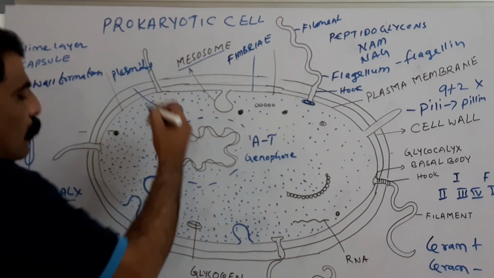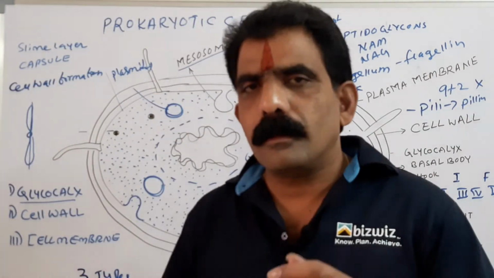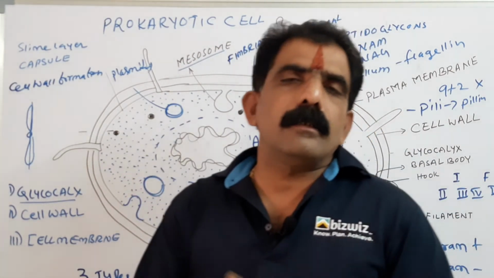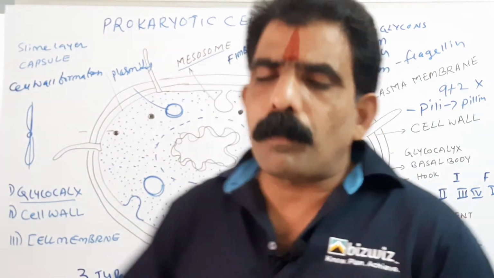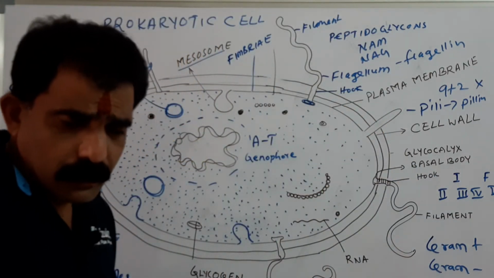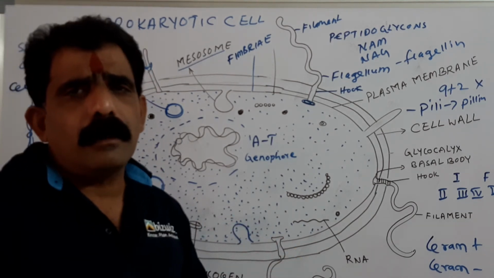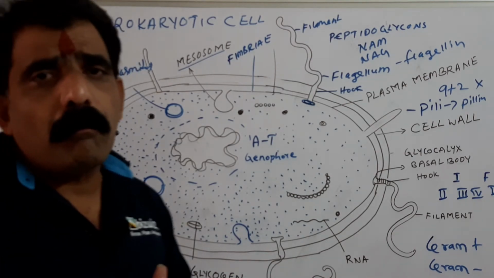Plasmid is the double-stranded, circular, small, extranuclear, additional genetic material present in the cytoplasm of prokaryotic cells. These plasmids, discovered by Lederberg, find their application in biotechnology.